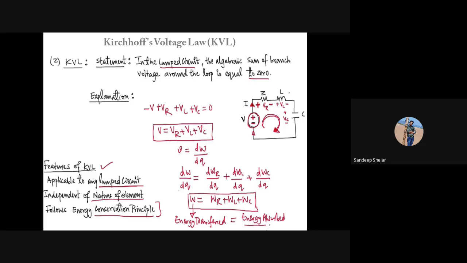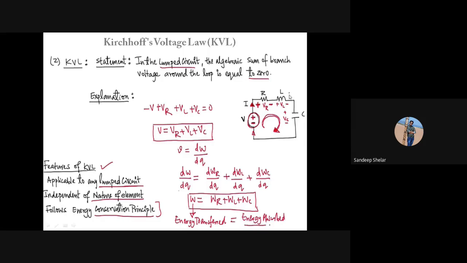This law is called Kirchhoff voltage law. The features of Kirchhoff voltage law: it is applicable for any lumped circuit or lumped network, independent of the nature of the element, and follows the energy conservation principle.